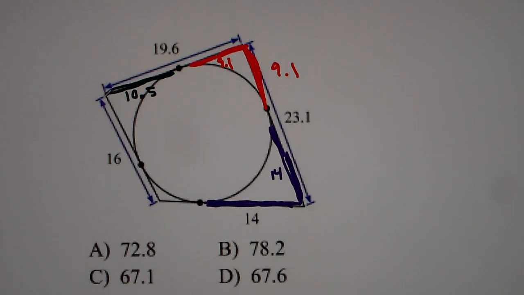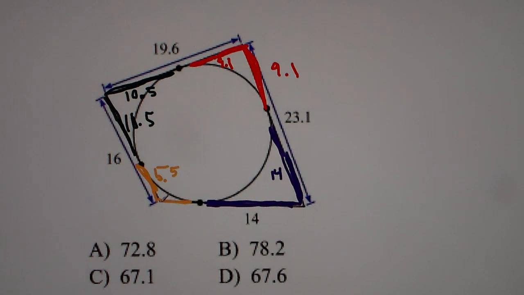So if that side's 10.5, that means this side is 10.5 also. So we do 16 minus 10.5. Get you 5.5. So this pink guy, or beige, whatever, it's 5.5.